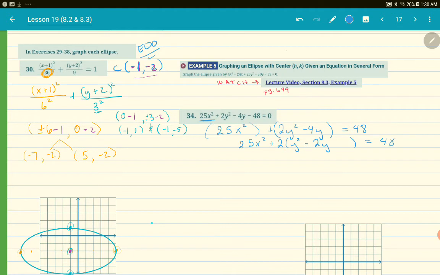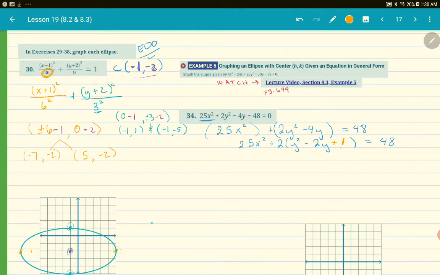I'm going to leave a little space there so I can do my completing the square. Now I can complete the square on the y terms, that parentheses with the y's, by taking half of the middle term. So 2 divided by 2 is 1, and then squaring it.